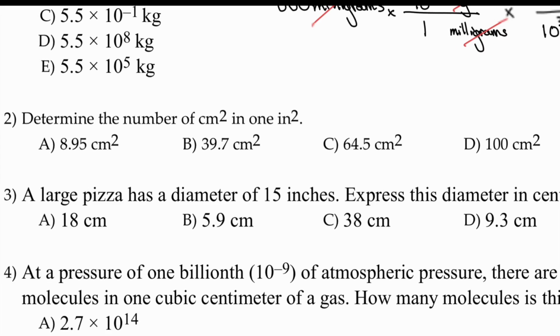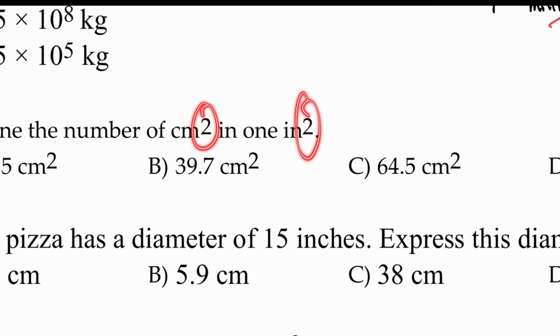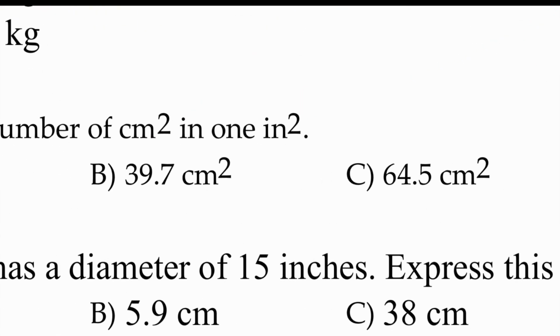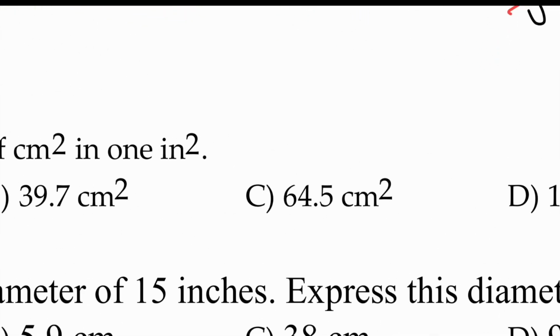Our next one is determine the number of centimeters squared in 1 inch squared. I also went over this question in one of my videos, talking about what happens if you have a number like this in squared or something. I showed you an example of it cubed, but it's telling us we're going to start with 1 inch squared. So we know that we at least have to put inches on the bottom, and we can't use the 10 to the number because we're not in the metric system.